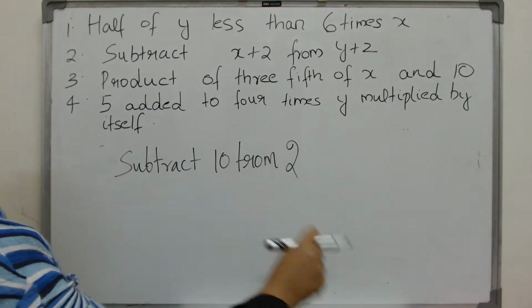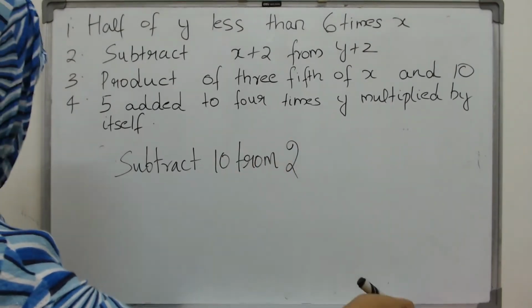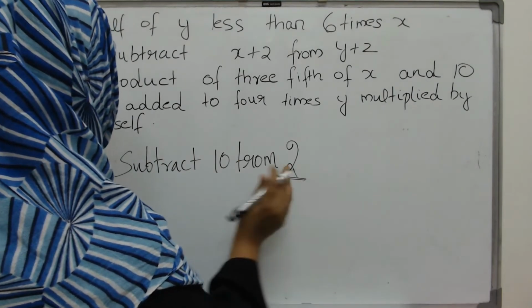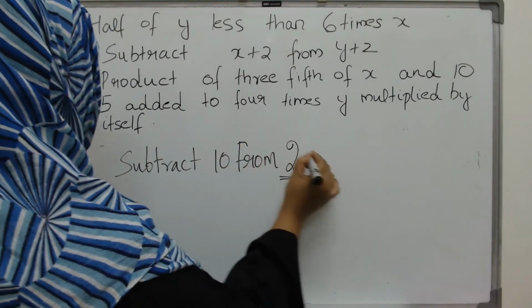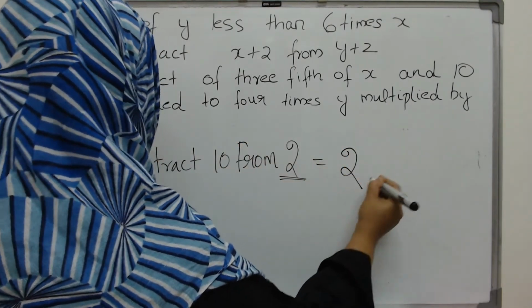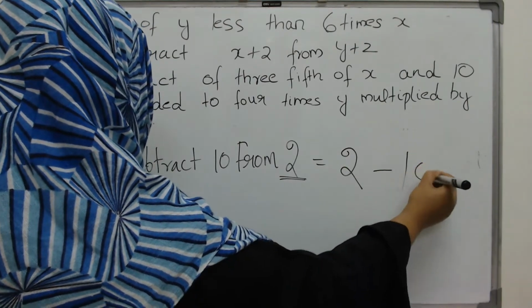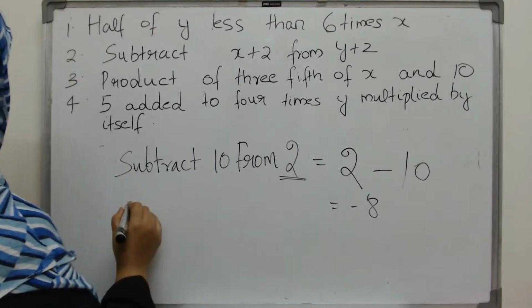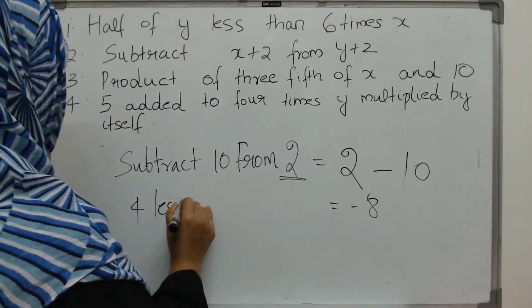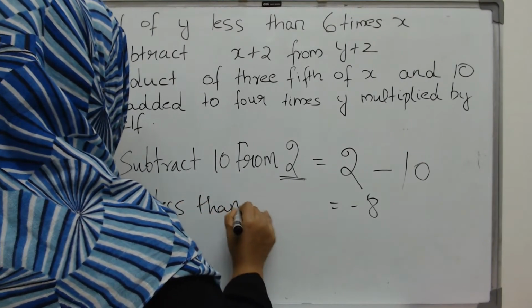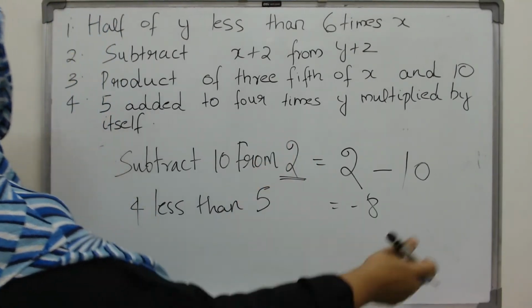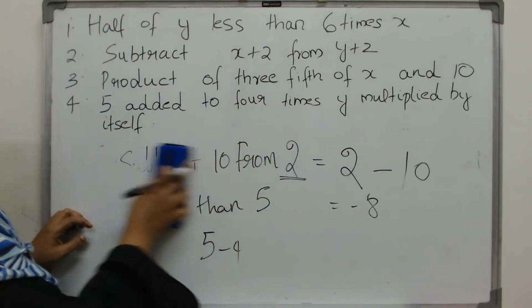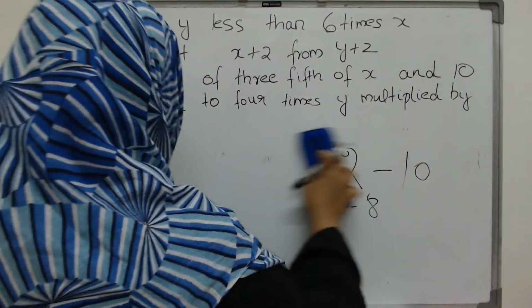So if you need a cookie, the cookie jar has to be there first. So whatever word comes after the word from, that is the word you put first. Then the subtraction sign, then this, so this is minus 8. And similarly less than. For example, 4 less than 5. That means remember 5 is the word which comes first. So it is 5 minus 4. So please remember that.